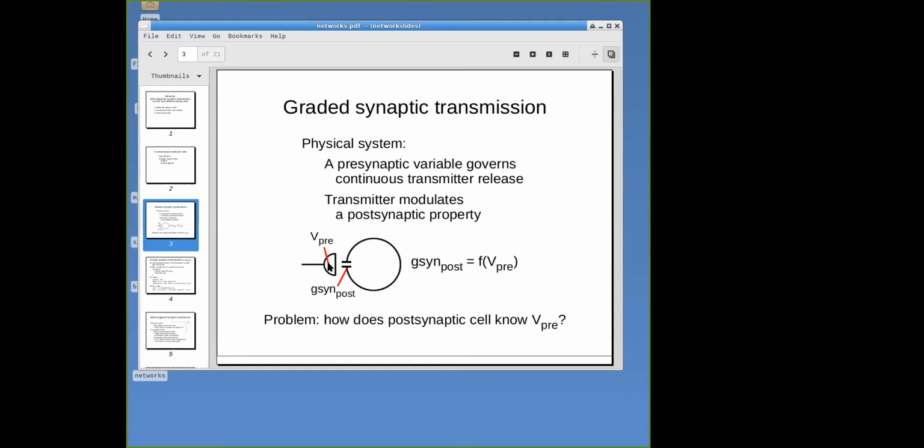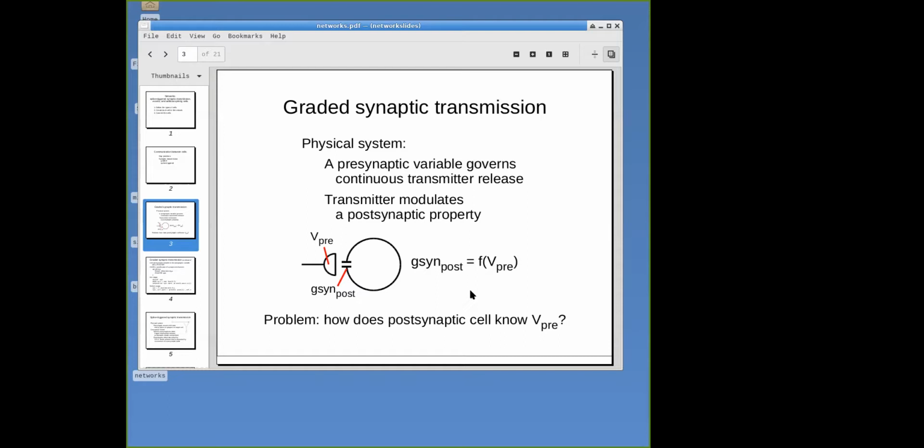And for the sake of simplicity, we'll say it's membrane potential, but we all know it's probably presynaptic calcium raised to the 4th power or something. But if you look at the way people have been implementing their models that use graded transmission, they often just use presynaptic membrane potential as the variable. So we have this conductance in the postsynaptic cell being a function of a voltage in the presynaptic cell.